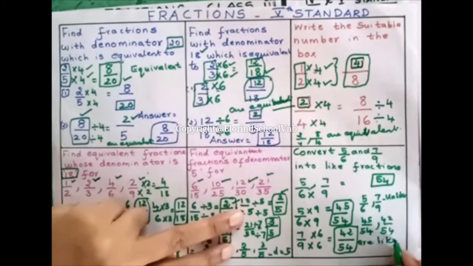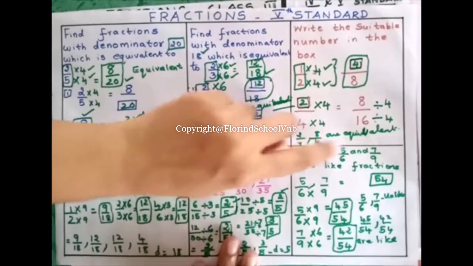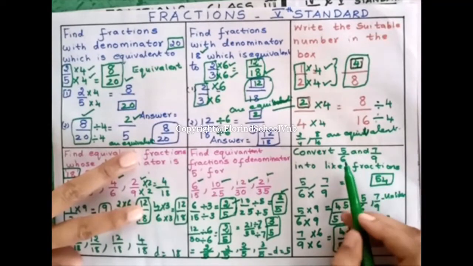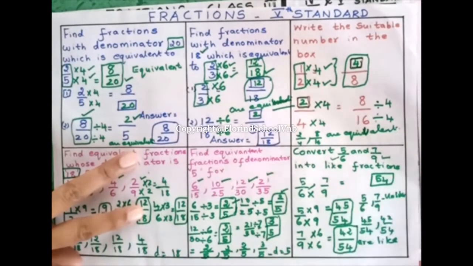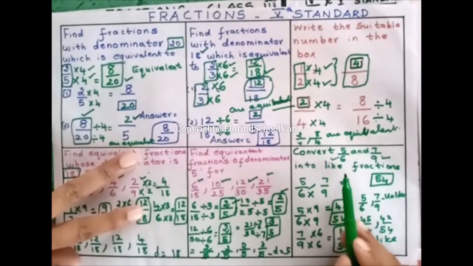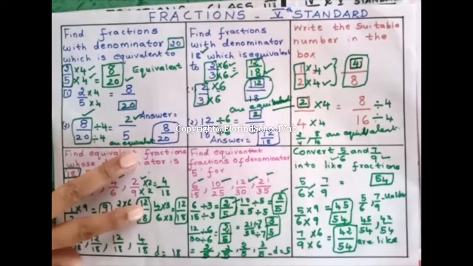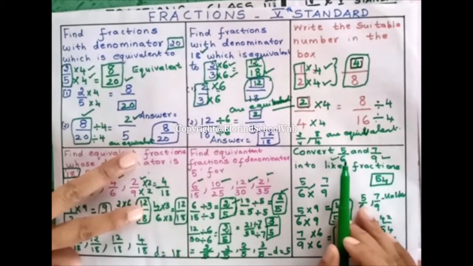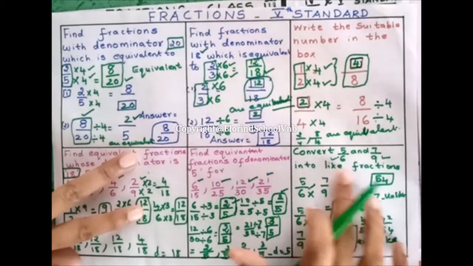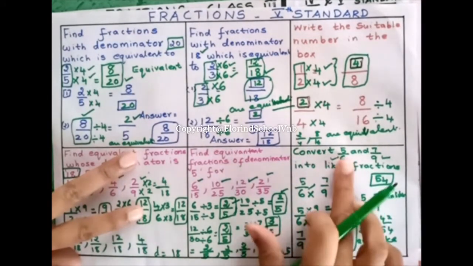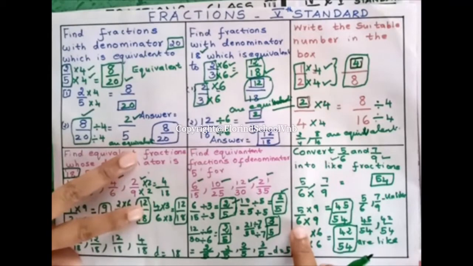So convert the unlike fractions whose denominators are unlike. 6 and 9 are different denominators. Now we have to convert them into like fractions which have the same denominator. To do that, first multiply 6 and 9. 6 nines are 54. Now, write the first fraction 5 by 6.